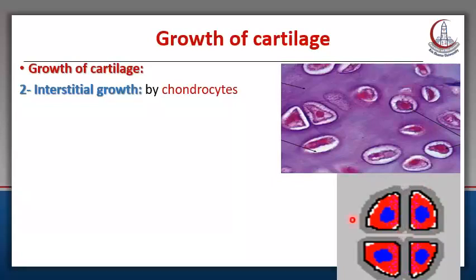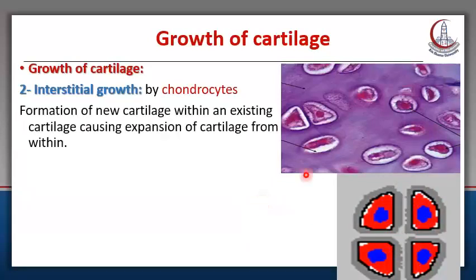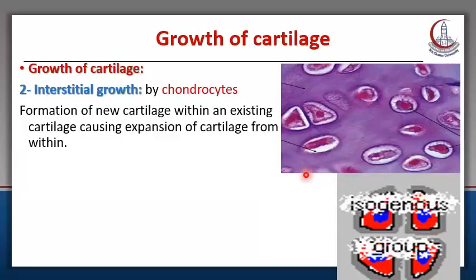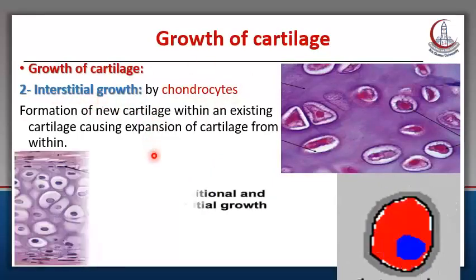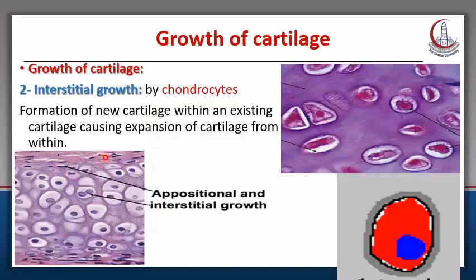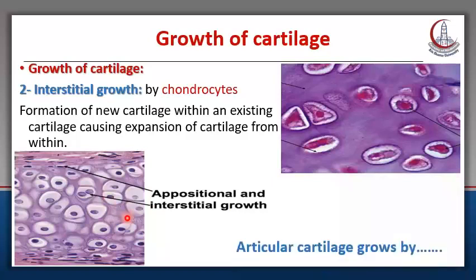This leads to expansion of cartilage from within, plus its ability to form the extracellular matrix. So the chondroblasts are responsible for appositional growth of cartilage, and the chondrocytes for interstitial growth.